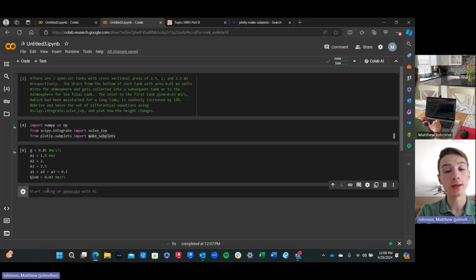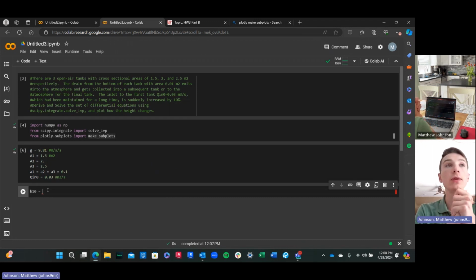It would have been Q equals radical 2gh times the cross-sectional area, like little a. We can use that, working backwards with the initial flow, to write the initial height of the fluid in each tank. So we can call this like H1 naught, for example, and this is going to equal, okay, let's see.